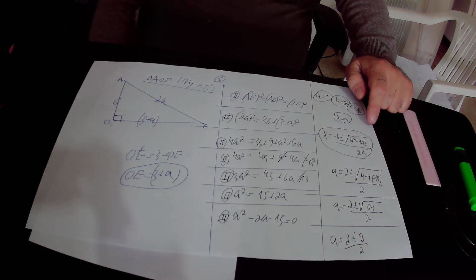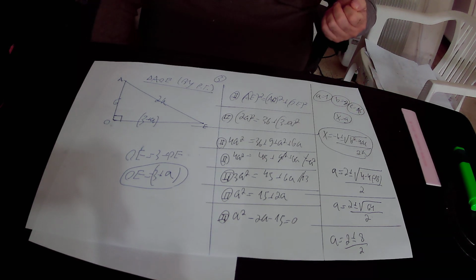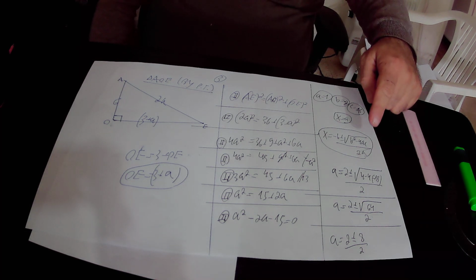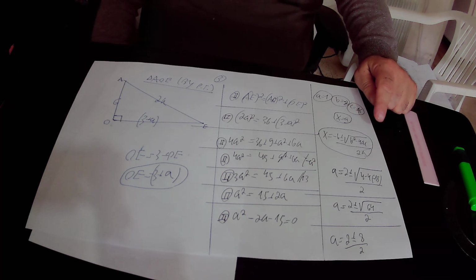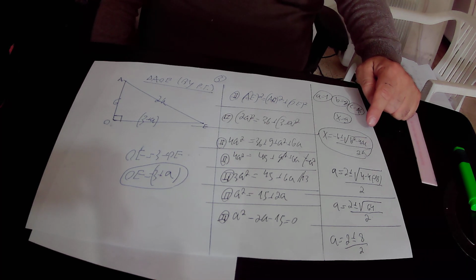So here x equals a, so a equals minus b, and b equals minus 2. So minus b is minus 2, that is plus 2. Plus minus square root of b squared. b is minus 2, so b squared is minus 2 squared, that is 4. Minus 4 times a, which is 1, times c, that is minus 15. Over 2a, that is 2, because a equals 1, 2 times 1 is 2.